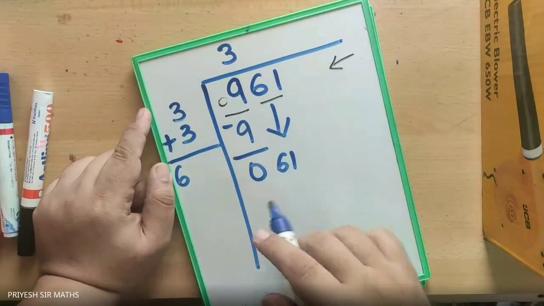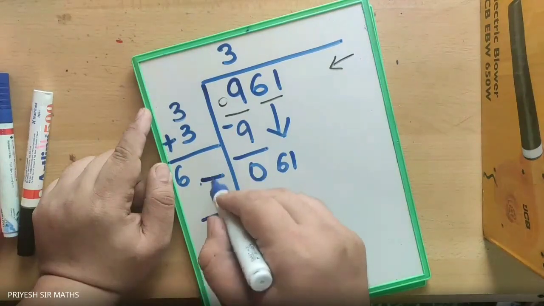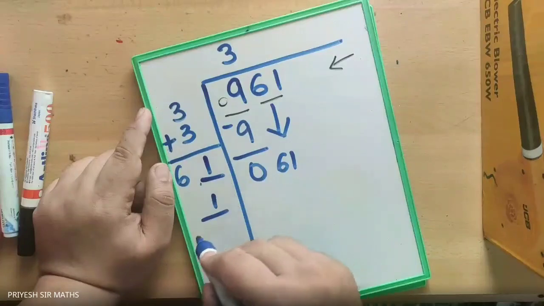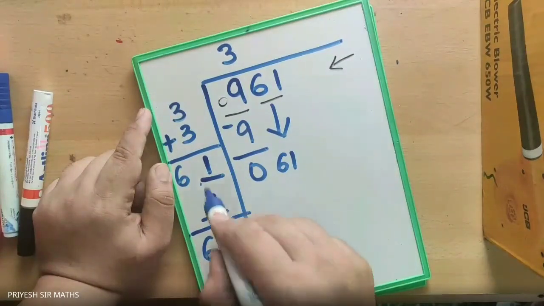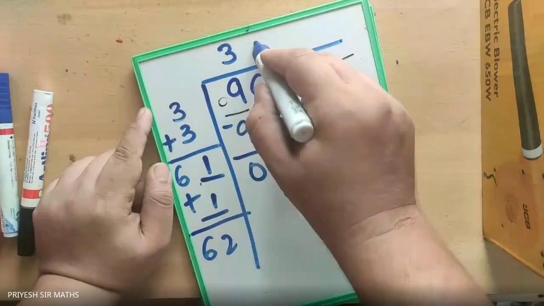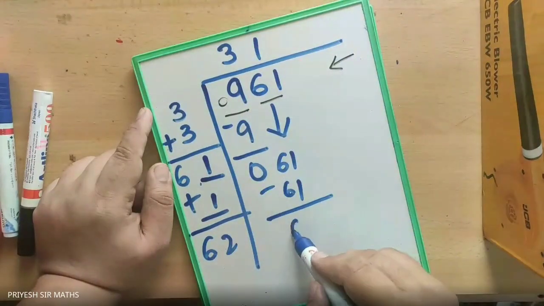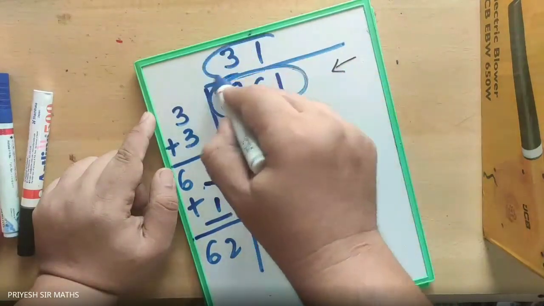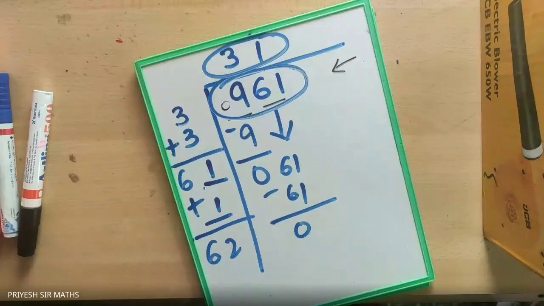Okay. What number should be multiplied over here so that we get 61? 61 ones are 61. It becomes 62 over here because we add, and here you get 0. So the square root of 961 is 31.